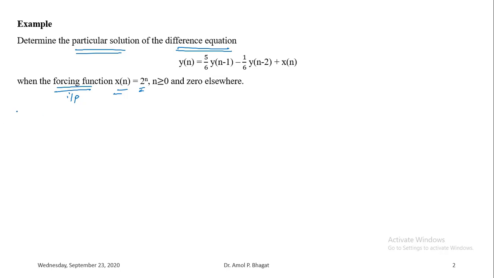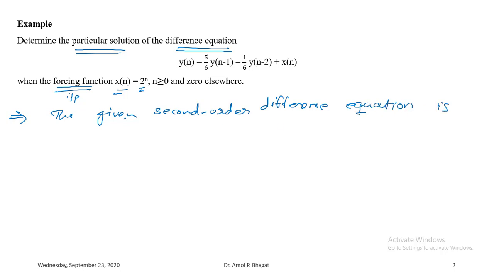So again, how to solve this? We will write the given second order difference equation, that is y of n is equal to 5 by 6 y of n minus 1 minus 1 by 6 y of n minus 2 plus x of n.